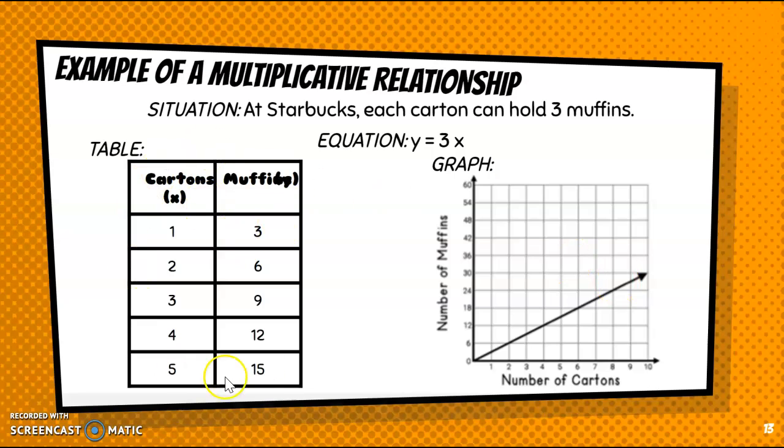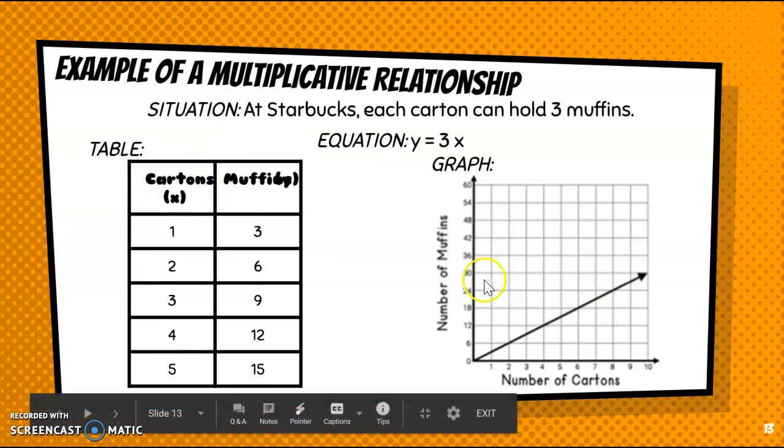Now let's convert this information from a table into a graph. We still have the same situation, the same values and the same equation. We know that our x values, the number of cartons, go on the x-axis, and our y values, the number of muffins, go on the y-axis.